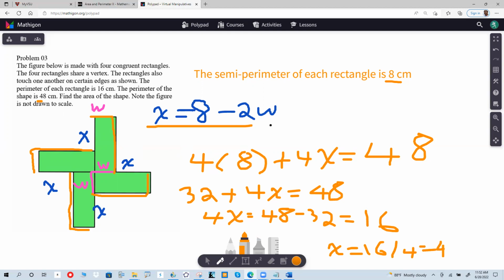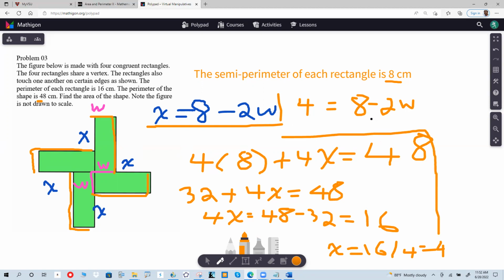Now come here and say X is 4. So 8 minus 2W, and if you move things around, you're going to get 2W equal to 8 minus 4, which is 4.